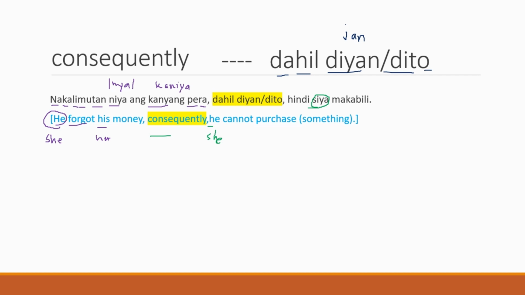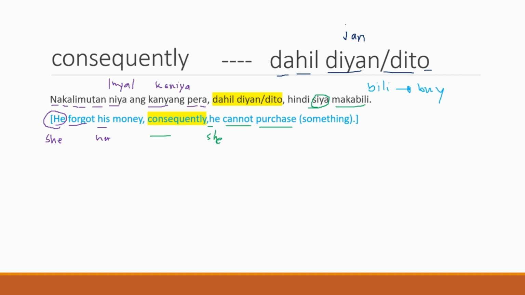Hindi is for cannot. Makabili is purchase. The root word of makabili is bili, and that means to purchase or to buy.